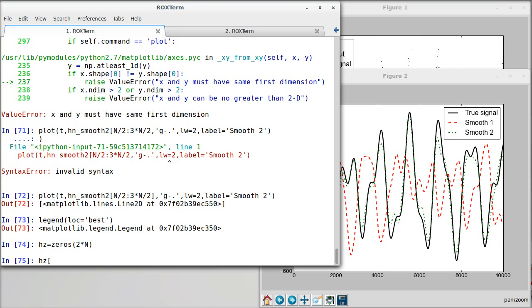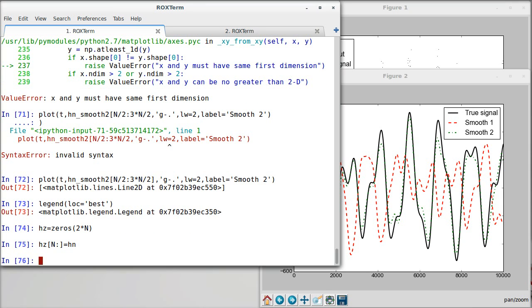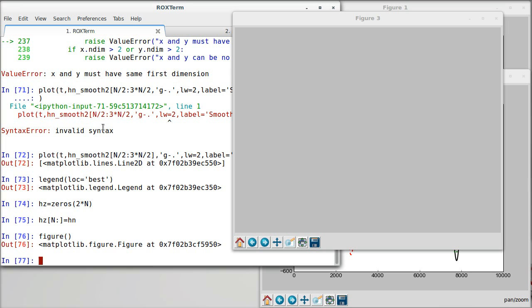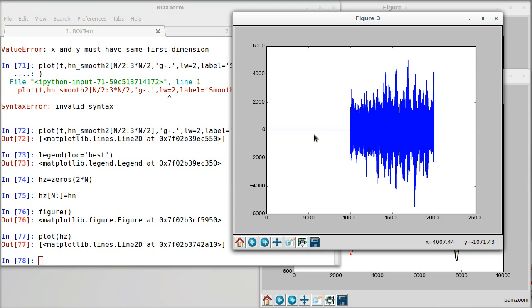So let me stick it at the end, so from n on. Let's stick our noisy signal in there. Again, let's look at this just to make clear what we're doing, and this is always a good thing to do, to pay attention. What we've done is we've stuck our signal at the end of this, and we've stuck a whole bunch of zeros in here.